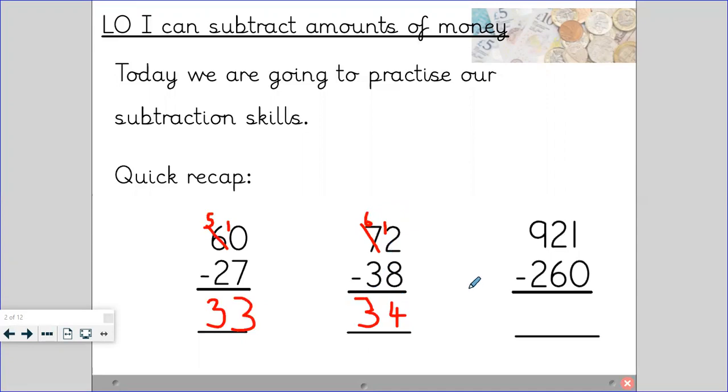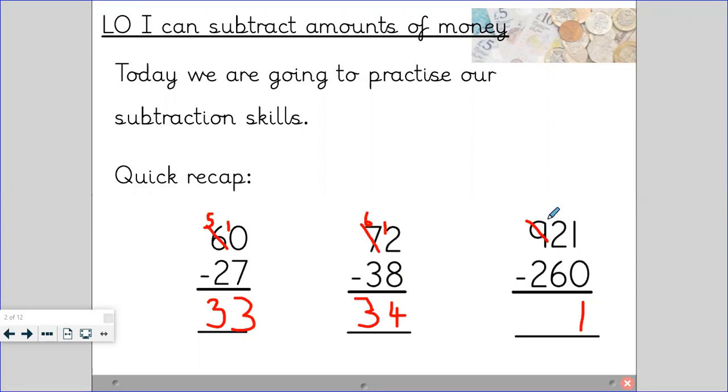Over here, what if we have to exchange twice? We don't have to exchange twice. I misread that. 921 take away 260. 1 take away nothing is 1. 2 take away 6, we can't do it, so we'll have to exchange from our hundreds column.